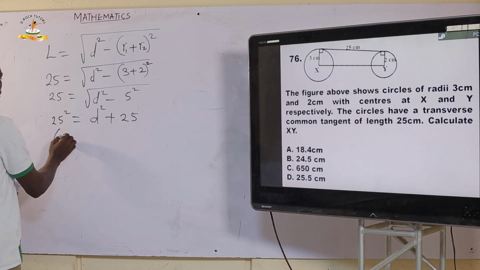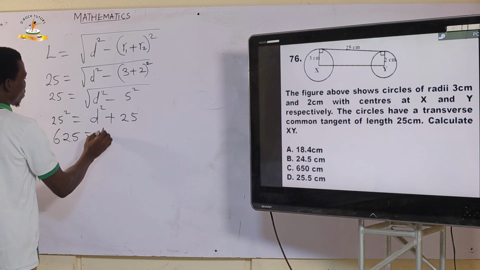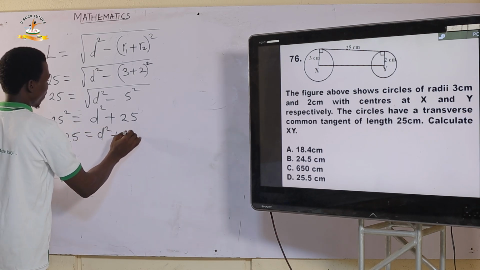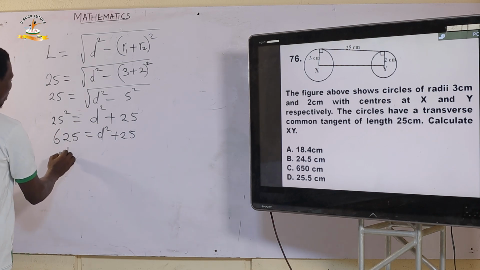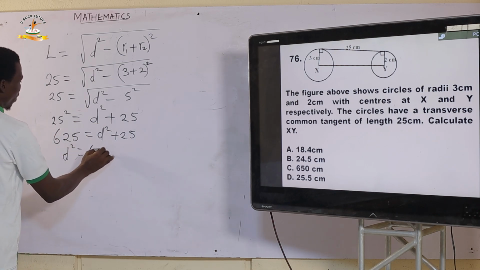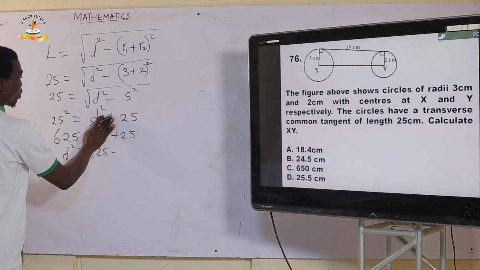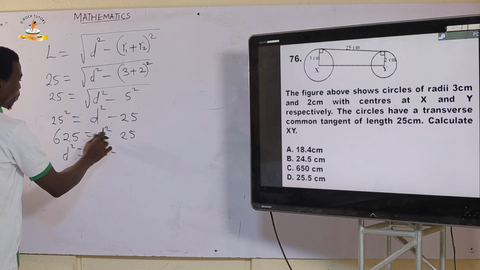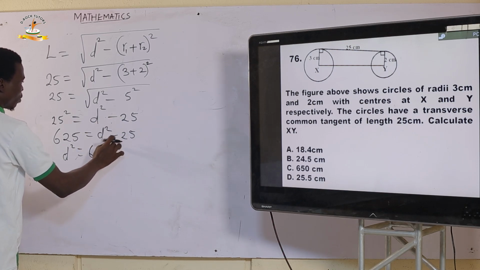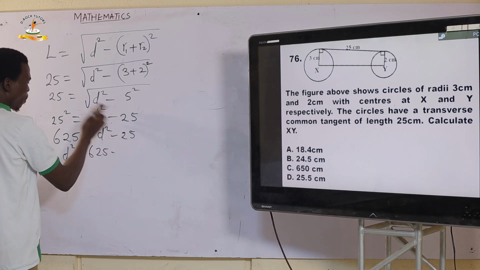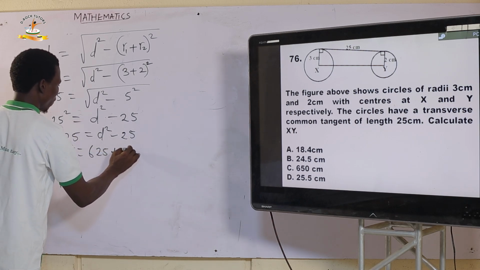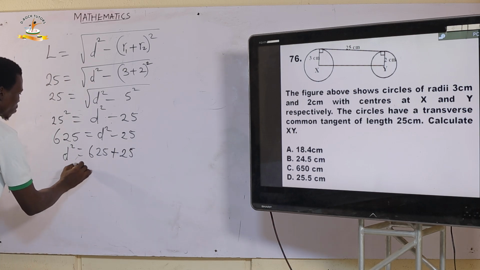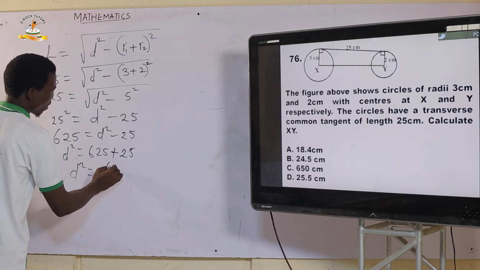So 625 equals D squared plus 25. And to bring 25 to this side, it means that D squared equals 625 minus 25. I'm sorry, I think I changed somewhere along the way. It has to be plus this time around, because it's coming this way. It becomes plus 25, and D squared equals 650.